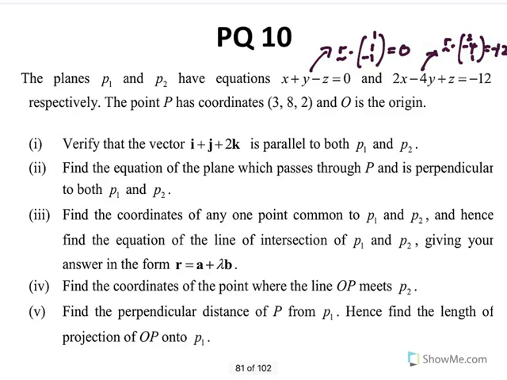Verify that the vector 1, 1, 2 is parallel to P1, P2. This vector here, is it a position or direction vector? It's a position, but the x-axis, we are checking parallel direction. Okay. So here very easy, right? If I want to check that is equals to 2, negative 4, 1.